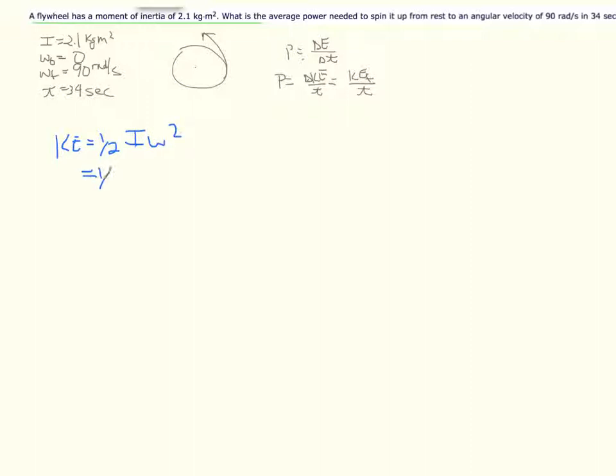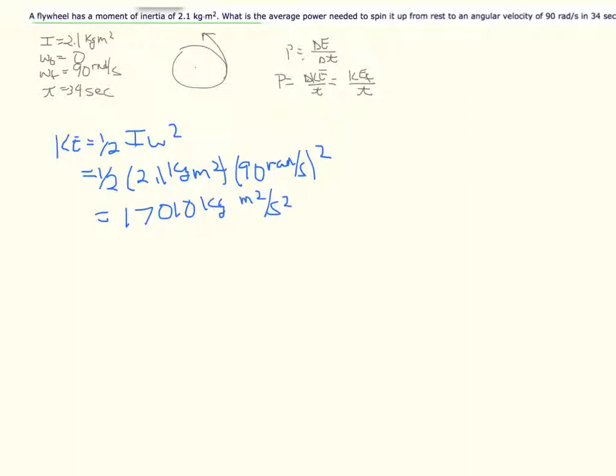So I put in 1/2 times my 2.1 kilogram meters squared times my final omega, because I'm doing the final kinetic energy, 90 radians per second, squared. So I put this into my calculator, and what I find is that the kinetic energy is 17010 kilogram meters squared over second squared. Okay, so this is the kinetic energy.